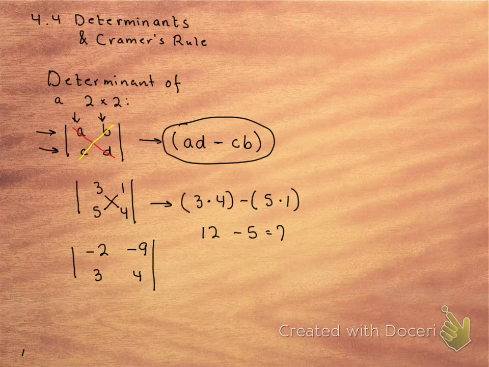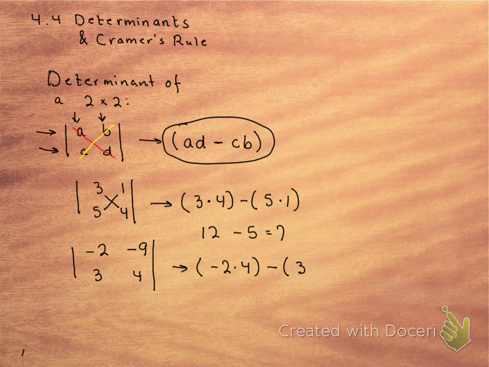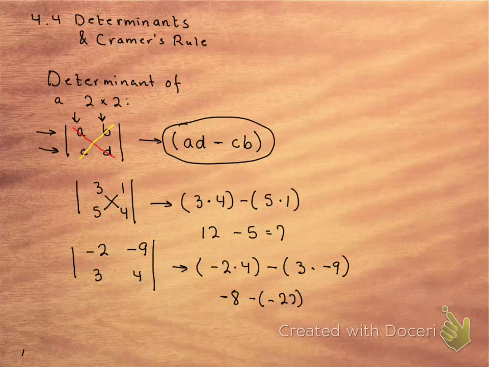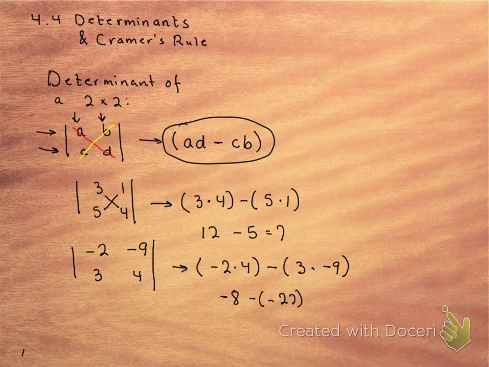And our determinant would be -2 times 4 minus 3 times -9. So -8 minus -27. And then, of course, -8 plus 27 gives us a determinant value of 19.